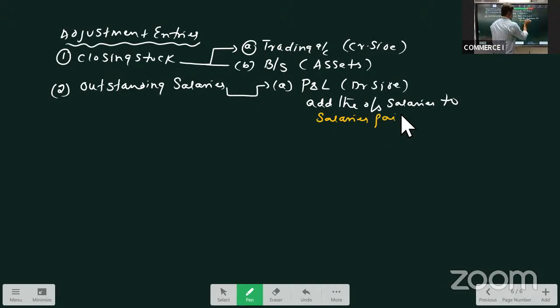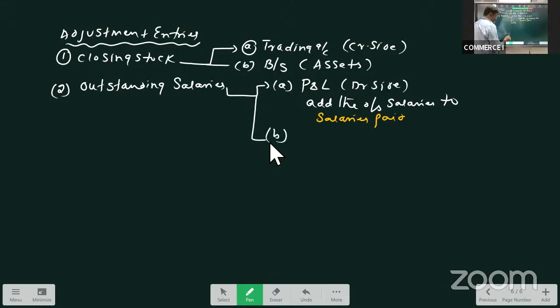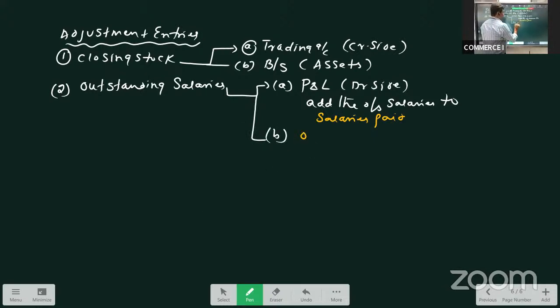First, it is added to the salary amount given in the trial balance, which is the salaries paid, and salaries paid we take in P&L account. So the first effect is we show it in P&L account as an addition to salaries paid. Second, we show it in balance sheet as a liability.